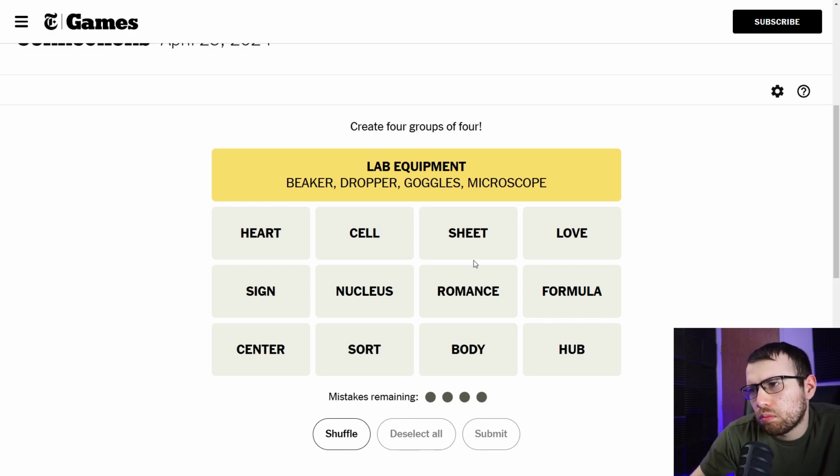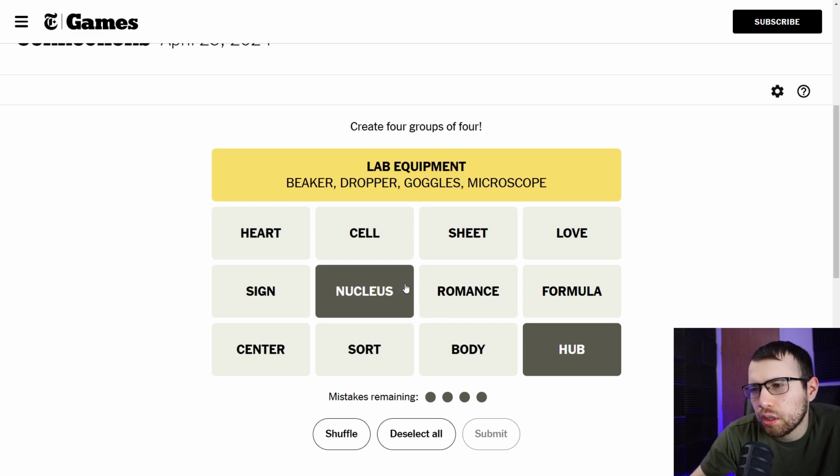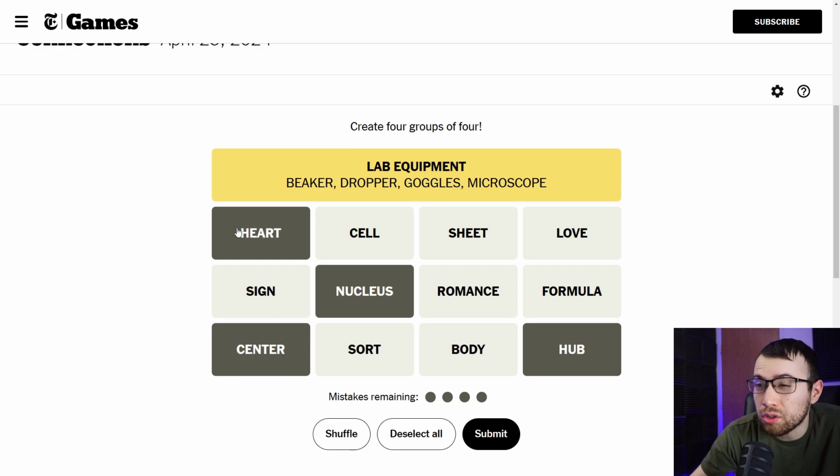So let's see, what do we have? Like the hub, like the nucleus, like the center. Oh, center is a word on here. The heart also kind of means like the center, but then you have the body could be like the middle. I don't know about this one. Heart, center.